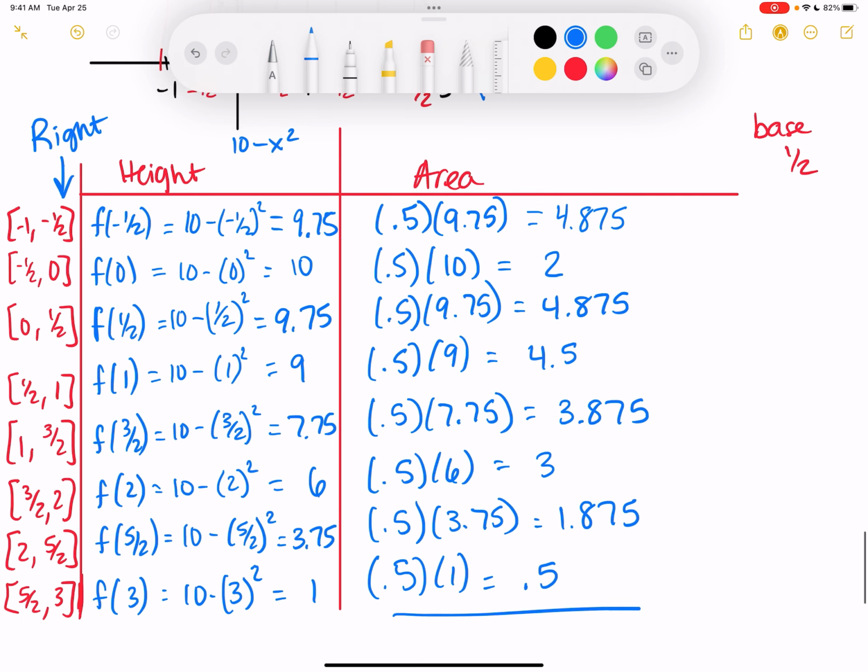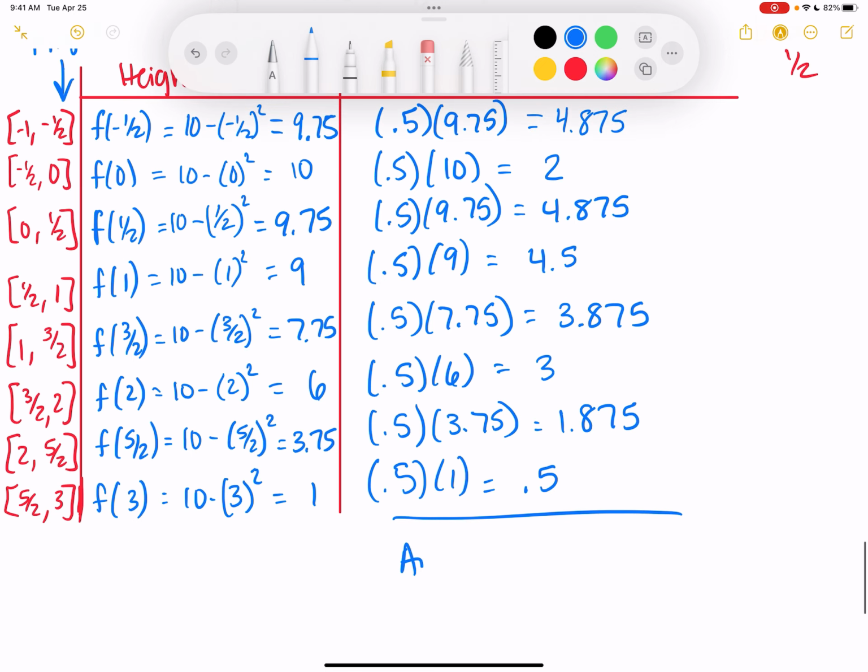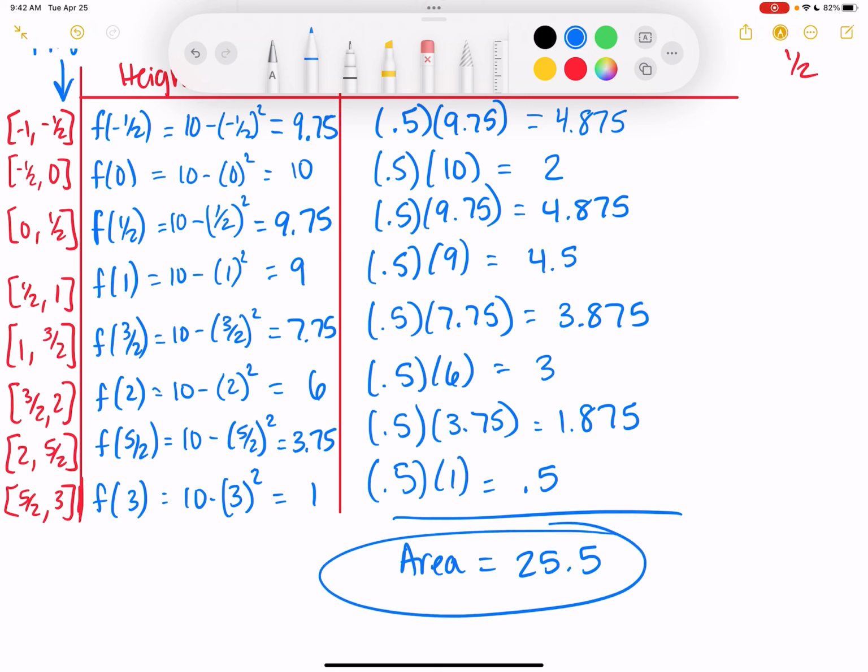You just need to add these numbers up. It's overly tedious. Very much so.